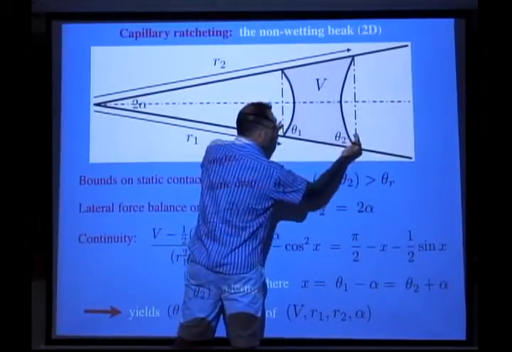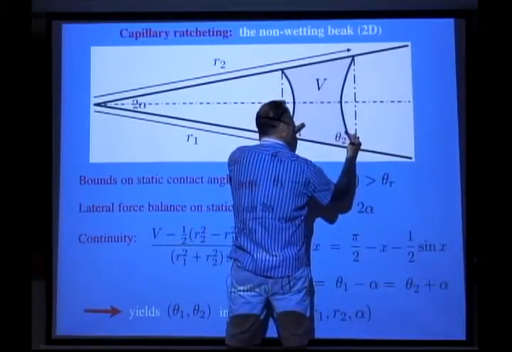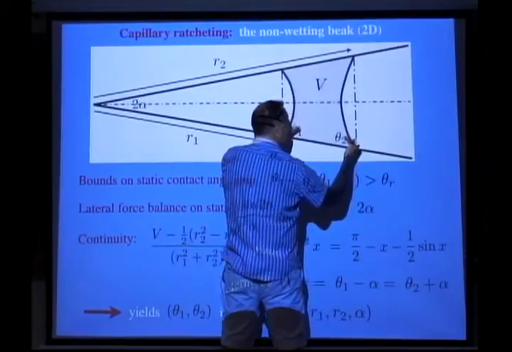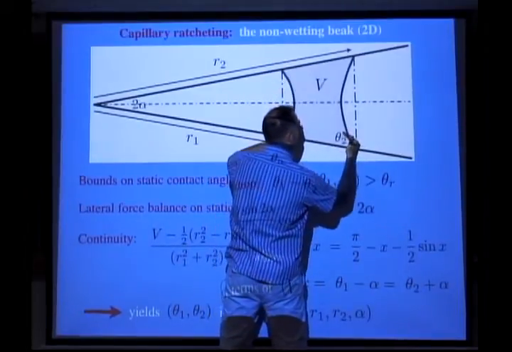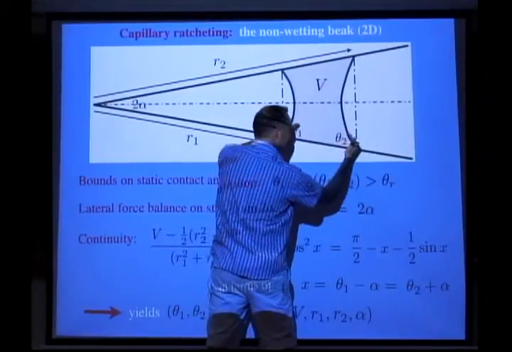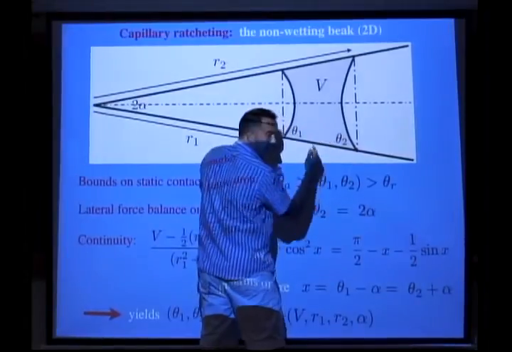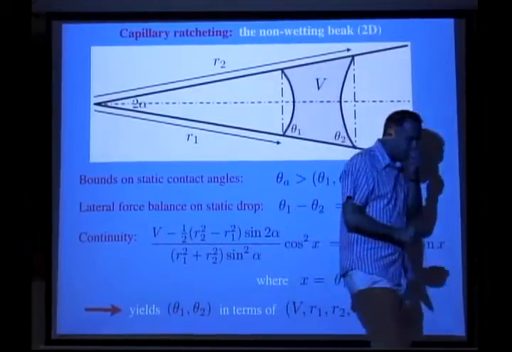And then when you're opening, these are both going to go like this, right? But because of this constraint, this reaches the receding value fastest, so it starts moving. So you break the symmetry, and so you get this ratcheting motion.